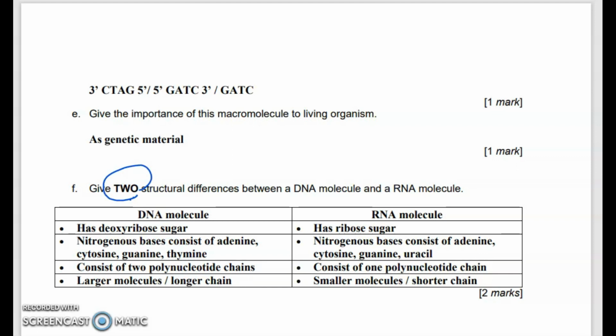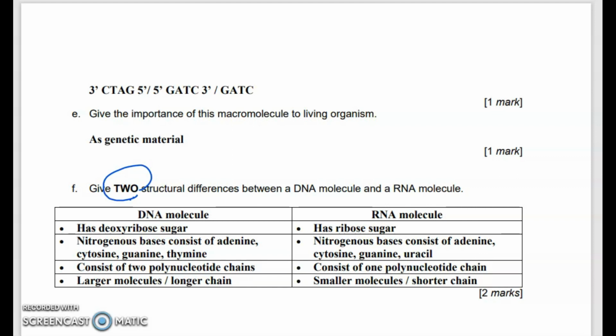Pentose sugar for RNA is ribose. Nitrogenous base of DNA is adenine, cytosine, guanine, thymine. Nitrogenous base in RNA is adenine, cytosine, guanine, and uracil. DNA consists of 2 polynucleotides, but RNA consists of 1 polynucleotide. DNA is large molecule, but then RNA is small molecule.